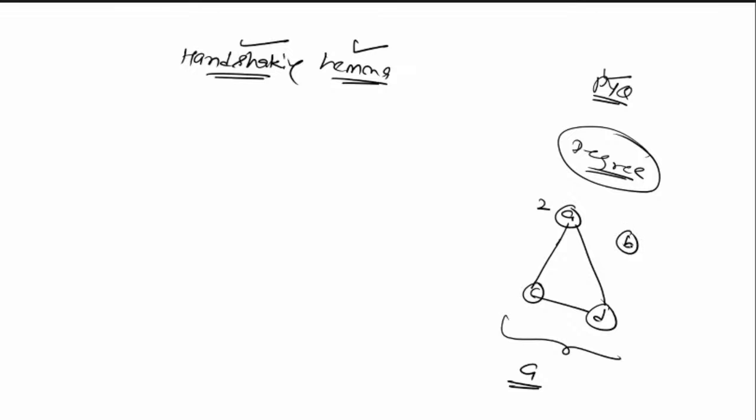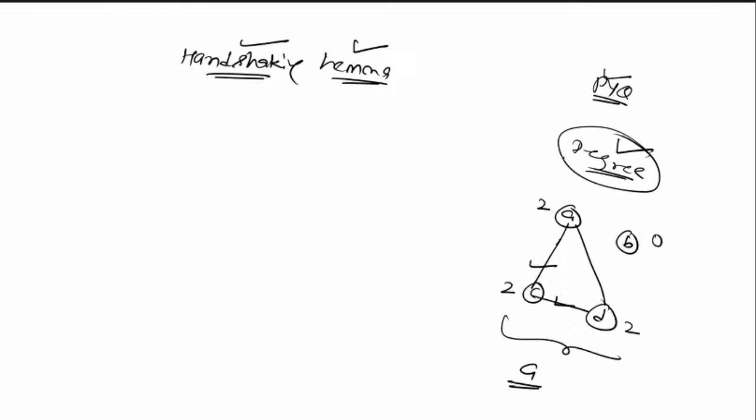On vertex B there is no edge incident, so the degree of B is 0. The degree of vertex D is 2, and the degree of vertex C is 2, because on vertex C two edges are incident. So this is the definition of degree: the degree of any vertex is the number of edges incident on that vertex.